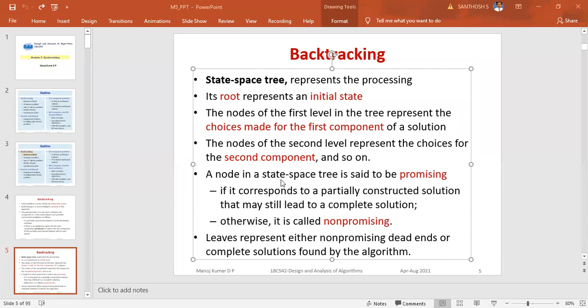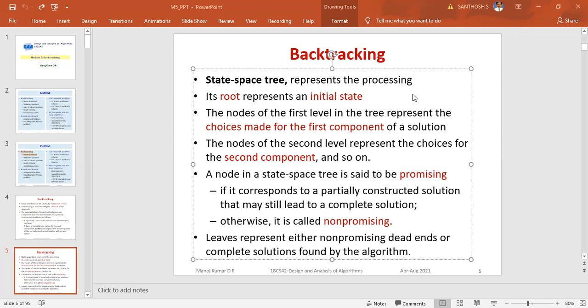A node in a state space tree is said to be promising if it corresponds to a partially constructed solution that may lead to a complete solution. When we have created a partial solution for one component which may lead to a complete solution, we call it a promising solution.